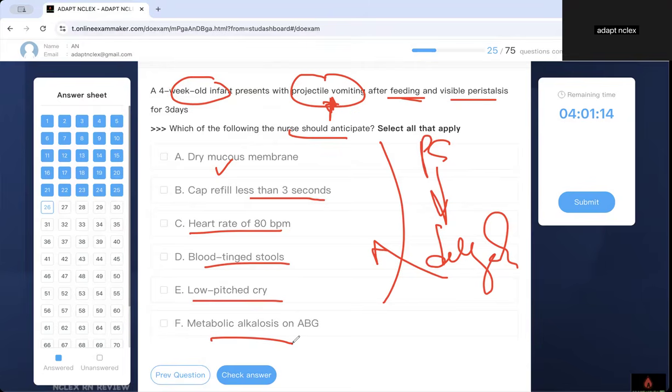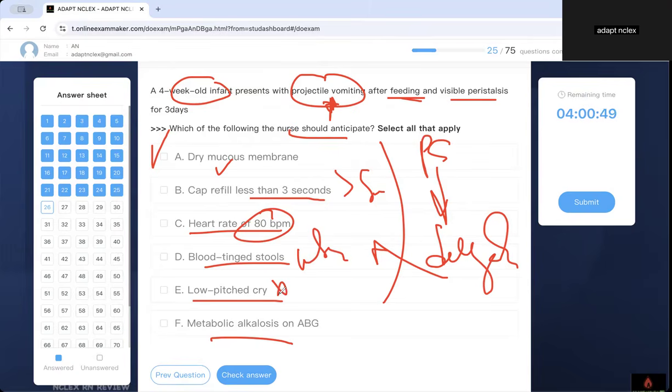Like I told you, if you see pyloric stenosis, dehydration. Dry mucous membrane, dehydration. Capillary refill less than 3 seconds does not mean dehydration. It should be greater than 3 seconds. Heart rate of 80, that's normal. Blood in stool, this is intussusception, not pyloric stenosis. Low pitch cry, that's a neurological problem.